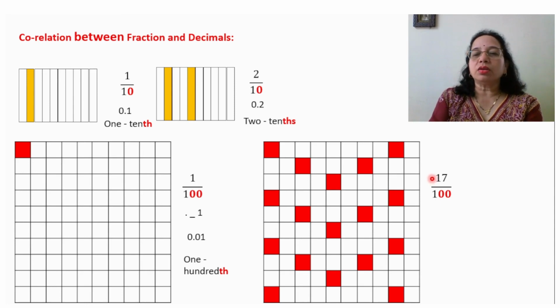How do we read this? 17 hundredths. Th will also come, and since the numerator is more than 1, we will add s also: 17 hundredths.